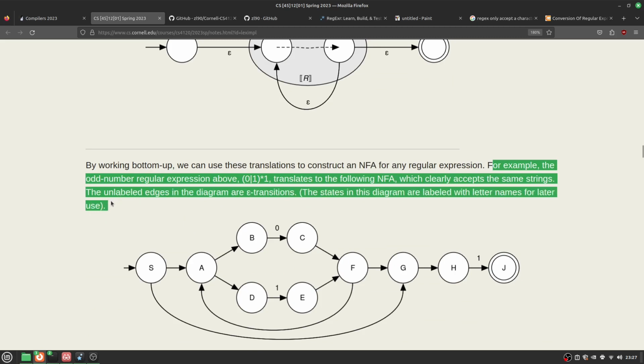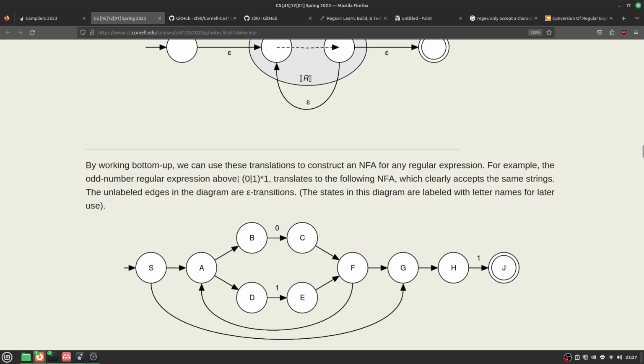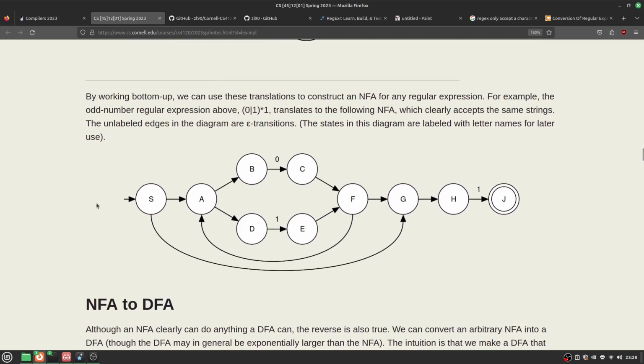For example, the odd number regular expression above translates to the following NFA, which clearly accepts the same strings. The unlabeled edges in the diagram are epsilon transitions, empty string transitions. The states in this diagram are labeled with letter names for later use. So we can start with any empty string, empty string, empty string.